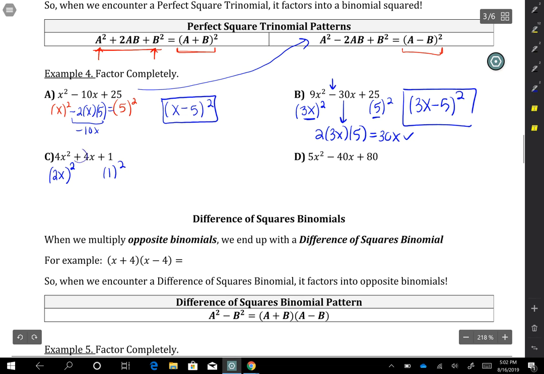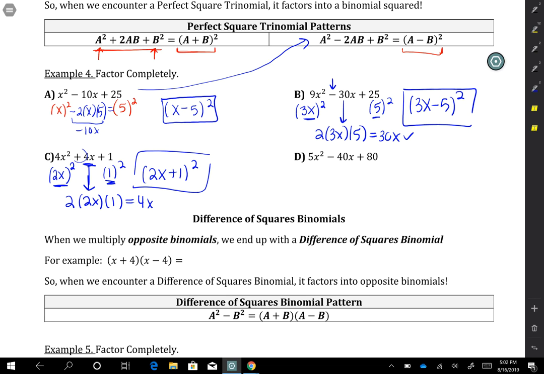And our middle term is positive, so we take these two values and we write them in a binomial, 2x plus 1 quantity squared. Double checking that this middle term does work out, we take 2 times our first term times our last one, and yes, 2x times 2 times 1, that is 4x, which is what we wanted.